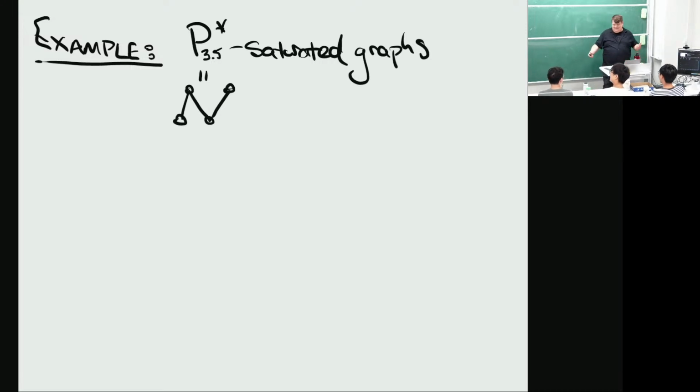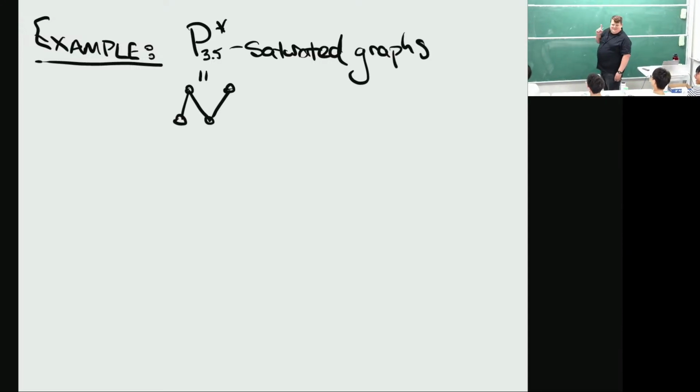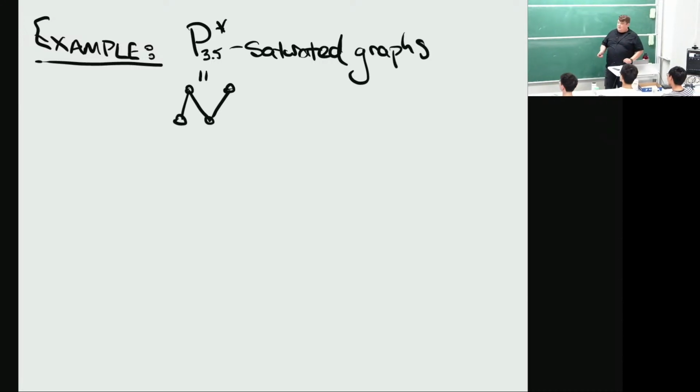If you look in what I consider the big 4 math books, the graph theory books, 2 of them say it's the number of vertices, 2 of them say it's the number of edges. And so I'm going to write it in a way that everyone hates equally, which is I'm going to call it P3.5. Right? There can be no doubt what that has to mean. It has to be the one of length 3 on 4 vertices.